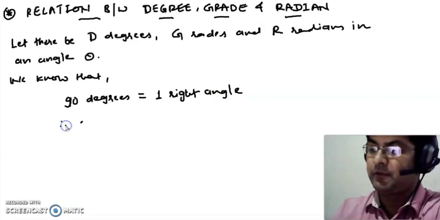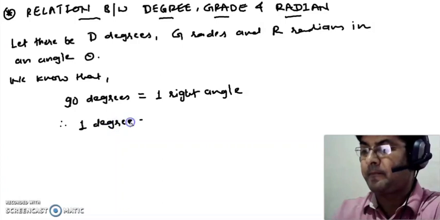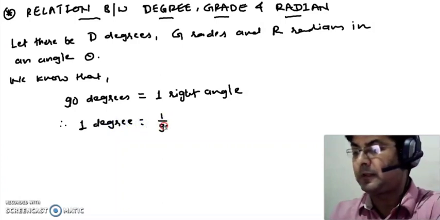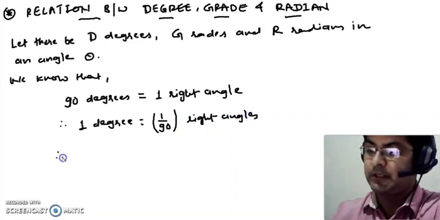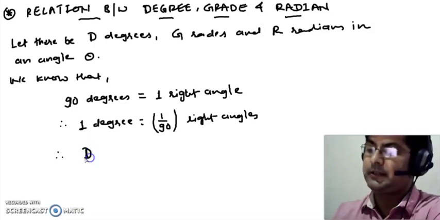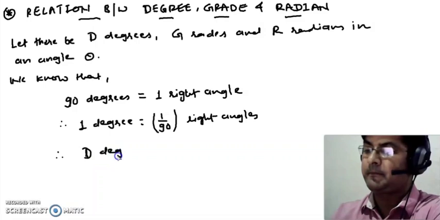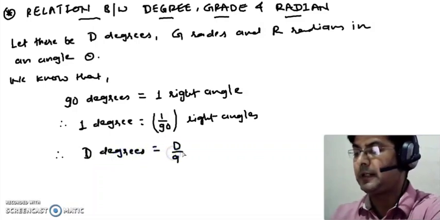Okay, and therefore in 1 degree there will be 1 upon 90 right angles, and therefore if suppose there are d degrees, there will be d upon 90 right angles.